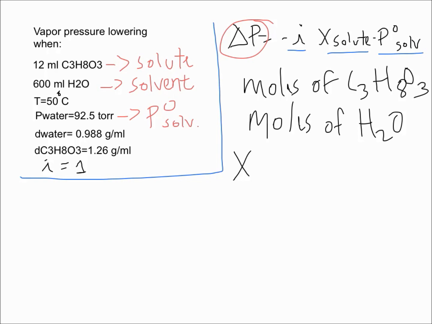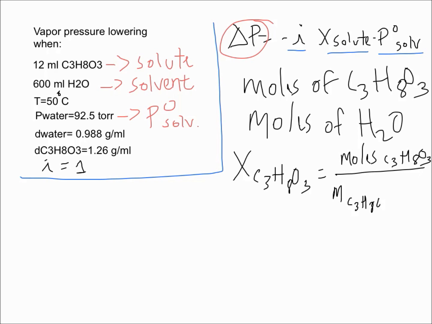So the formula is the mole fraction of C3H8O3, the moles of glycerol over the sum of the moles of glycerol and the moles of water. So I'm just going to write n C3H8O3 and n H2O.